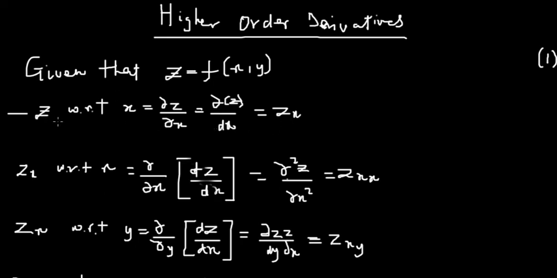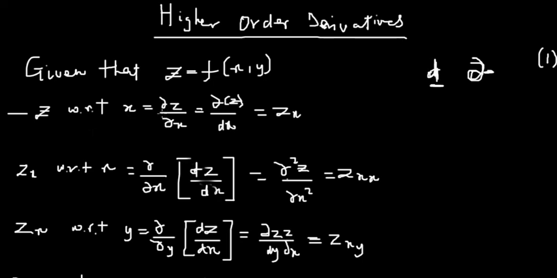So we have z. WRT is a notation for "with respect to". So z with respect to x is equal to the partial derivative of z divided by the partial derivative of x. Note the difference between this and that: this is a partial derivative, and this is when you are just differentiating.